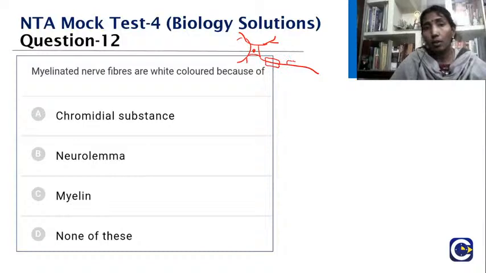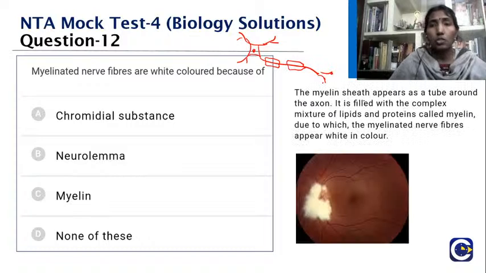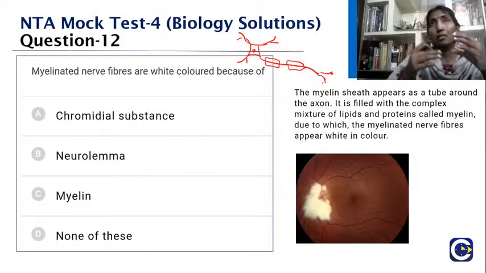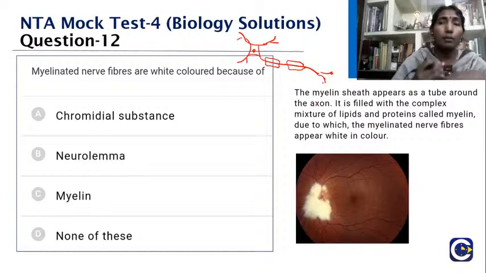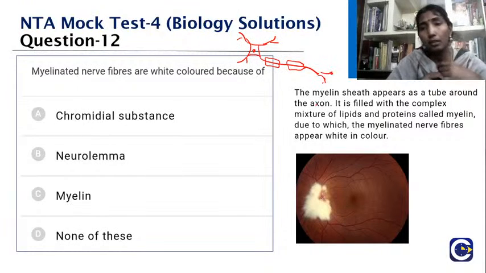It has a very beautiful covering which wraps up the entire axon, which we call the myelin sheath. This gives that characteristic white color if they are myelinated. The myelin sheath appears as a tube around the axon, like plastic, it just wraps around. It is a mixture of lipids and proteins which we call myelin.